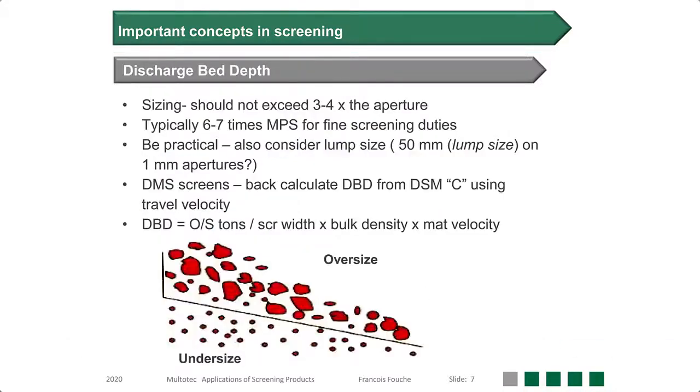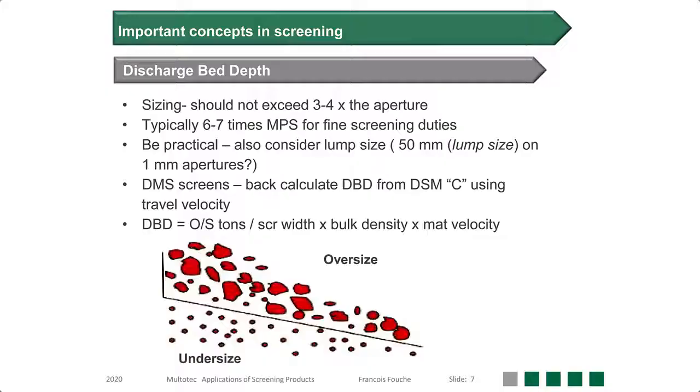The second important concept is that of bed depth, and this is the distance that a fine particle has to travel through the bed before it is likely to encounter a panel aperture. So when screen OEMs size screens, they place a limit on the bed depth at the discharge end.